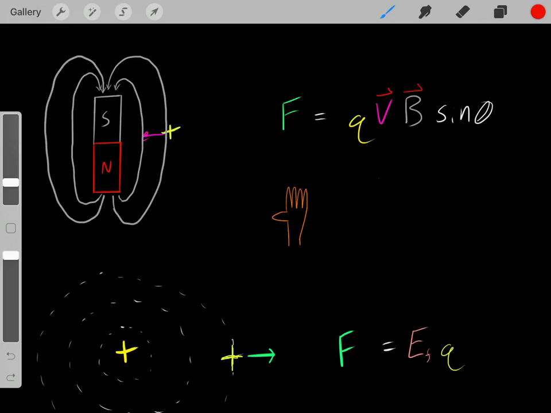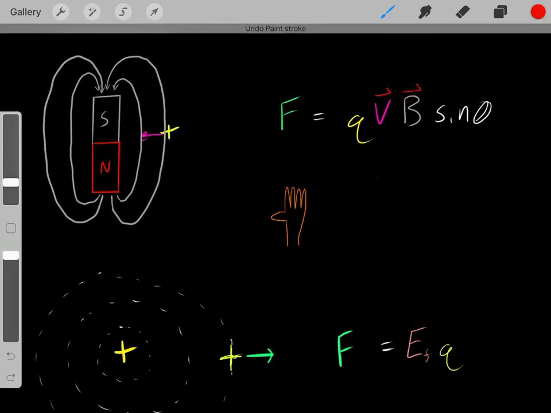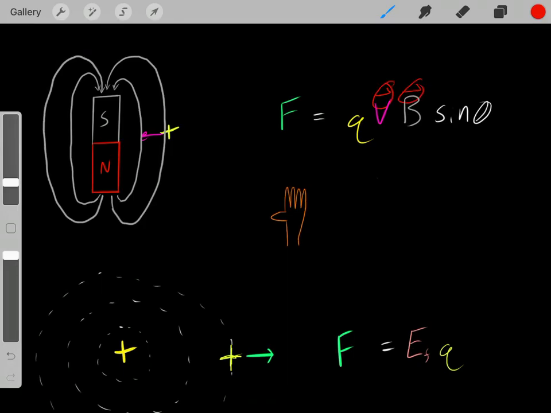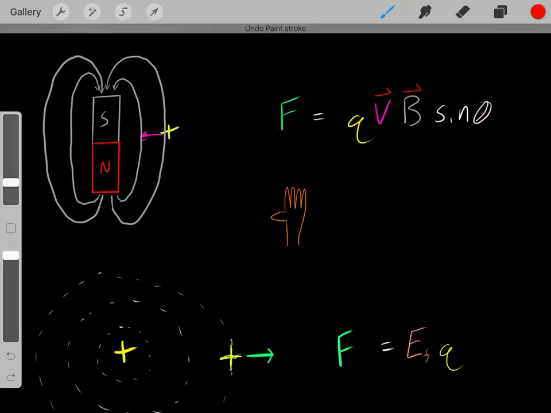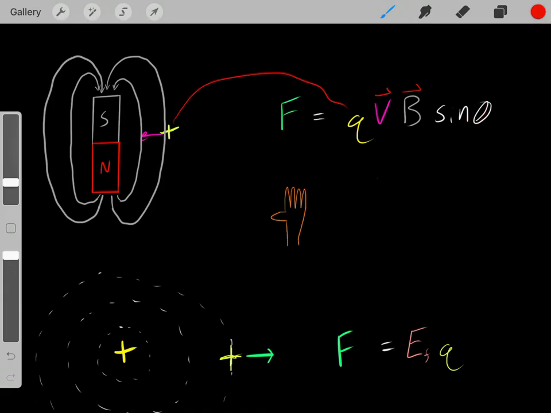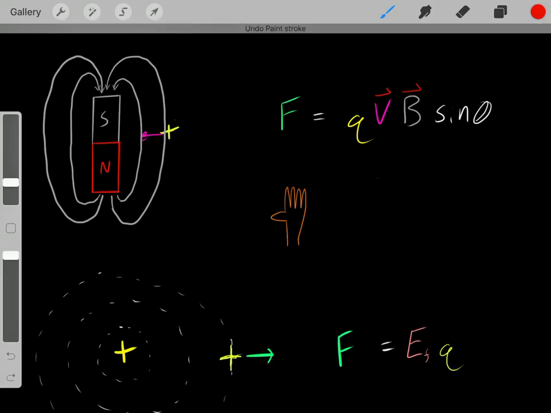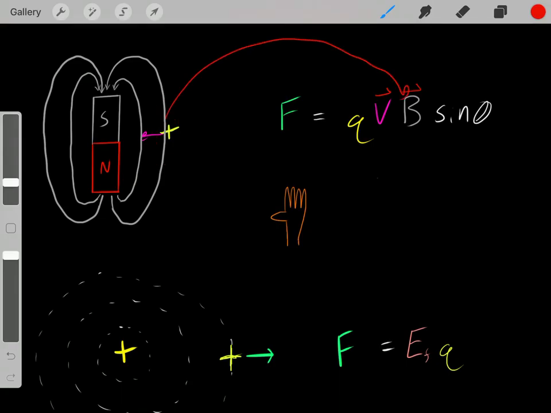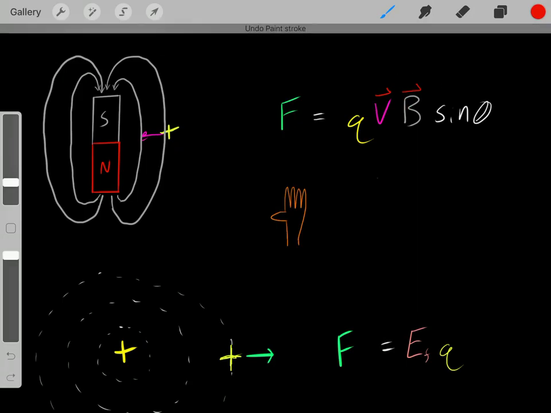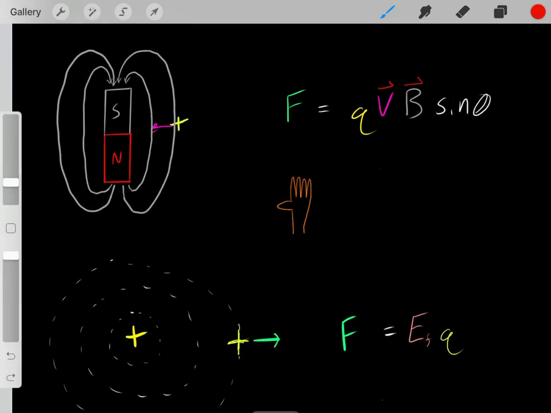You need to find the direction of these vectors and the smallest angle between them. Then you take the charge, the Coulomb charge of the particle, the magnitude of the velocity, the magnitude of the magnetic field, and the sine of that smallest angle, and that will give you the magnitude of the force. But you can still use the hand rule to find the direction. So that's how you deal with magnetic forces.